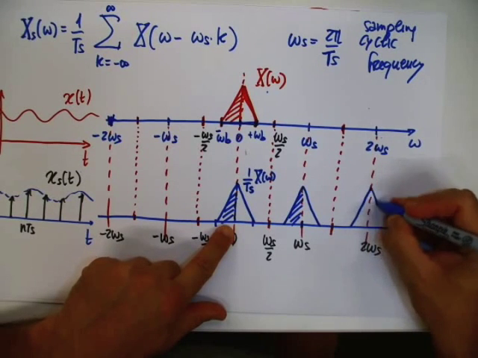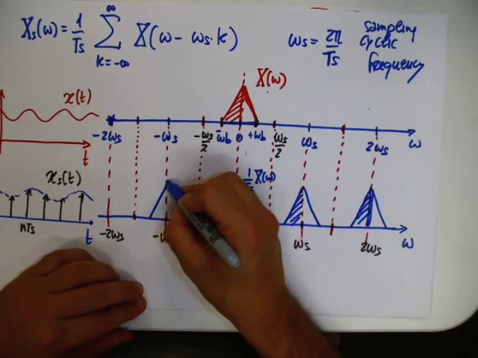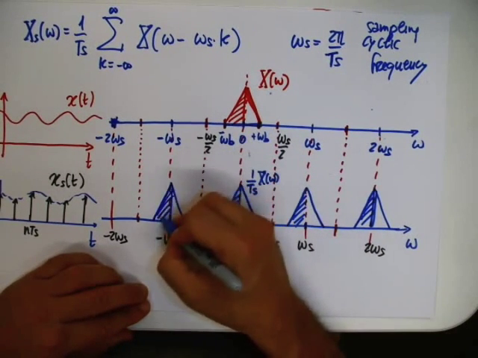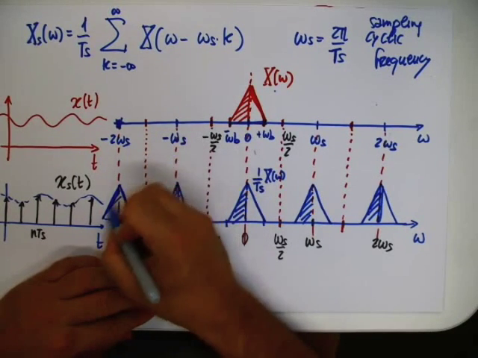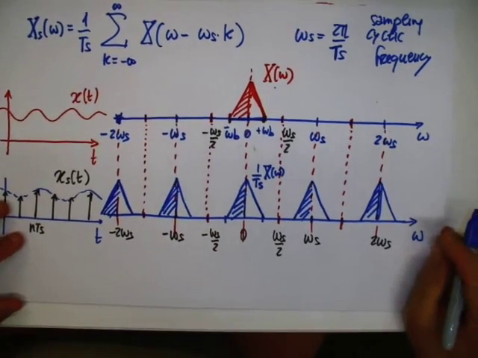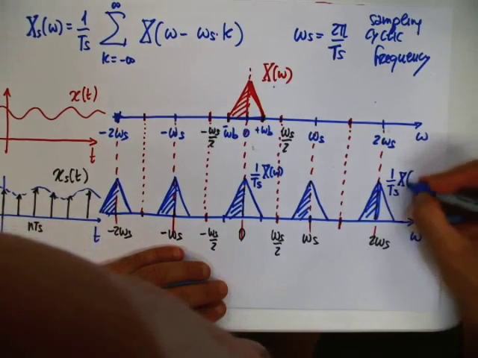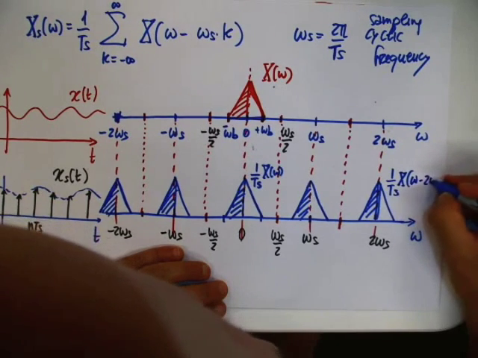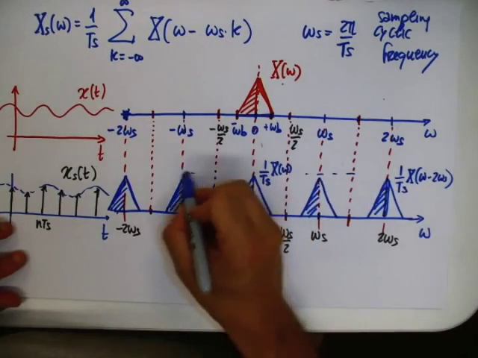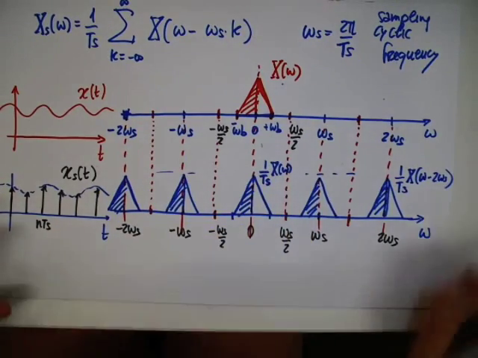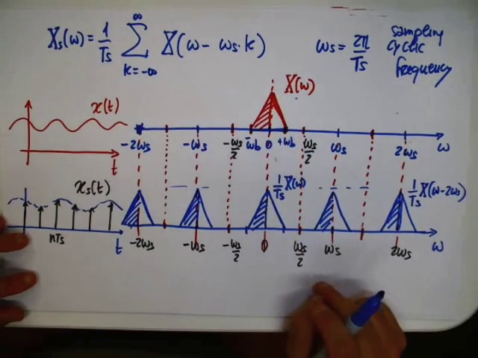Then I have another one here, and another one here, and another one here. So this is, for example, 1 over Ts X of omega minus 2 omega sub s, and so on. So you see that I get multiple copies of the original spectrum.